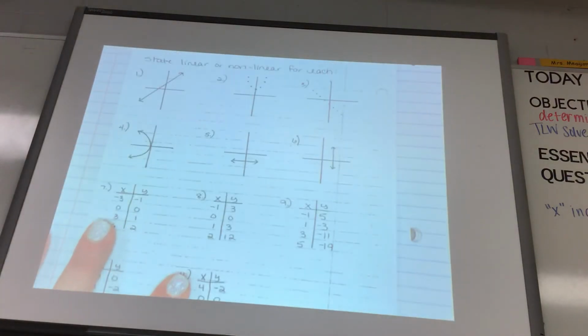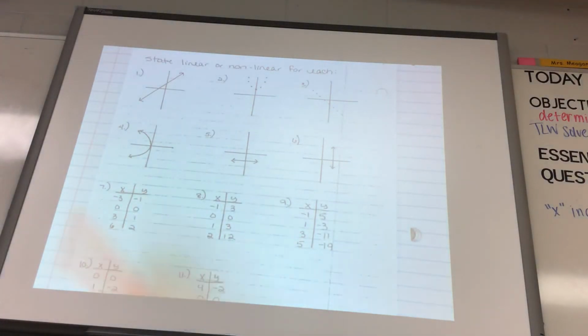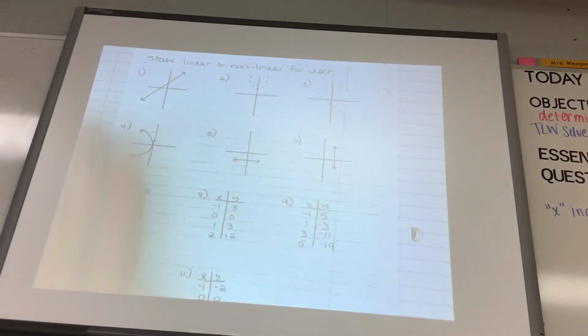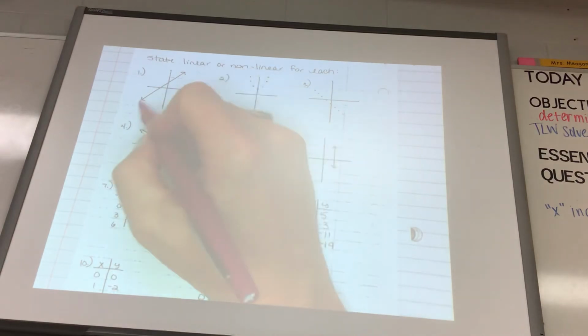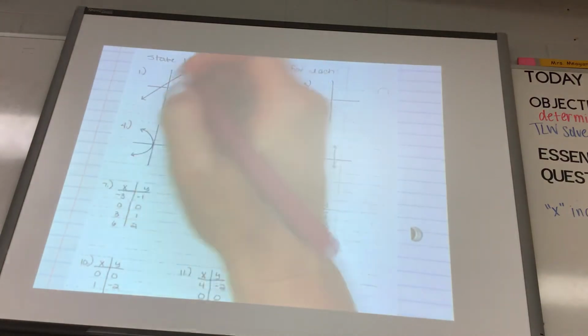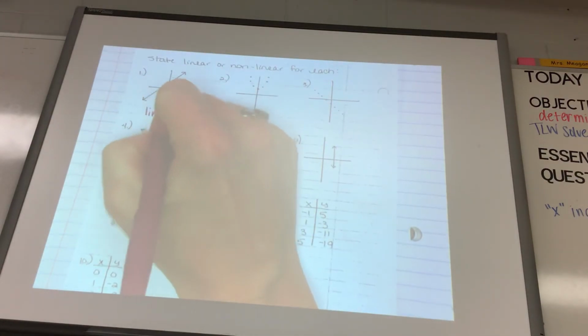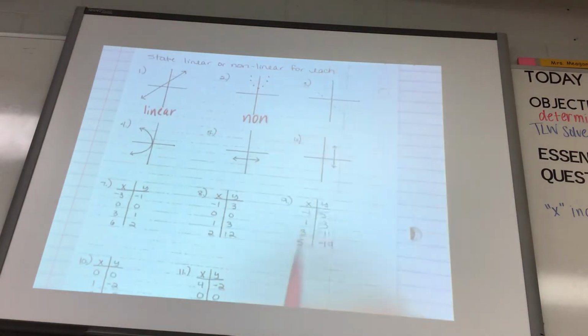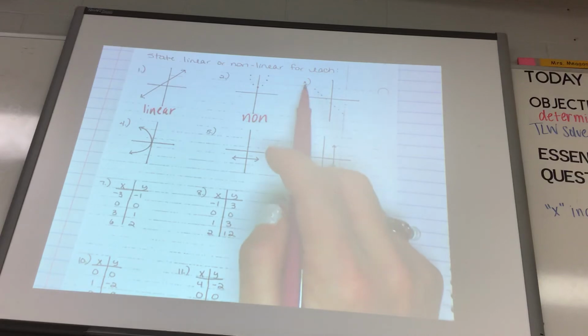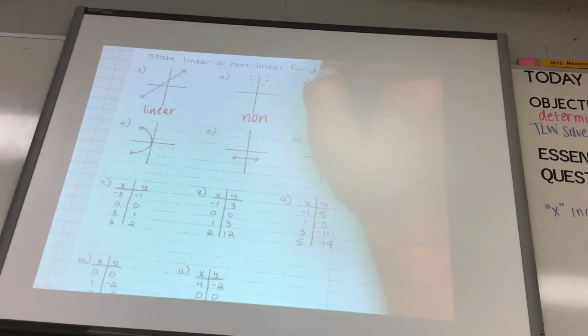It just wants us to state if it's linear or non-linear for each. And we can do that by looking at the line. Okay, is this a linear function? Yes, it is increasing at a constant rate. It is a straight line. It is linear. Is this linear? No, it is non-linear. Is this linear? Well, if we were to fill this in, we would see it is linear. Is this linear?